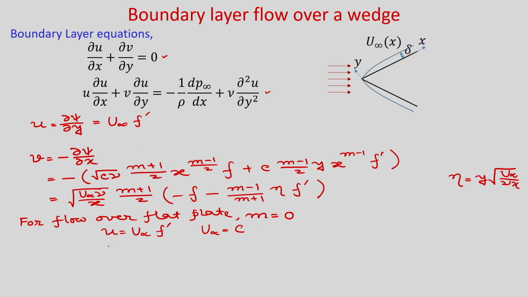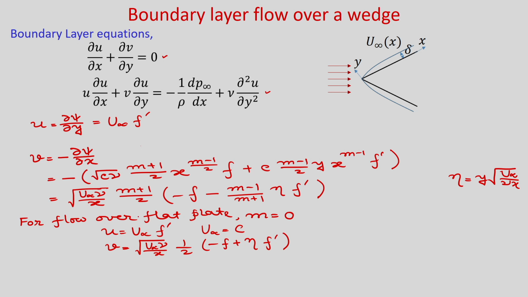And v expression we will get as root u infinity nu by x, this will become half, minus f, this will become 1. So, plus eta, it will become minus 1, then plus eta f prime.